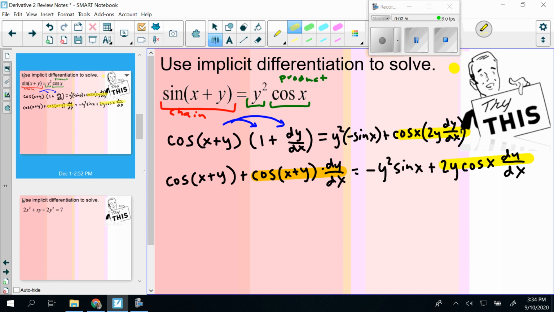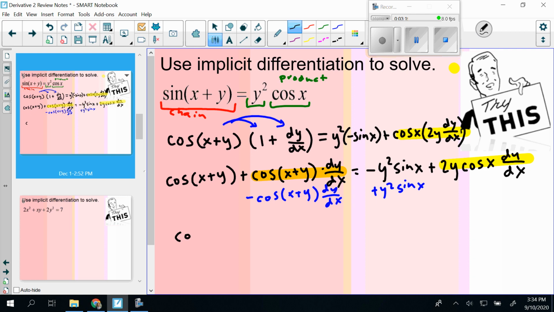All right, so now we can distinctly see the two terms that have dy dx in this one and this one. We want those on the same side. We'd want the other stuff on the opposite side. To do that, I'm going to add this term over, and I'm going to subtract this one over. You could have done it the other way. It won't make a difference. I just chose to do it like that since that one was negative. All right, so now let's write out what we got.